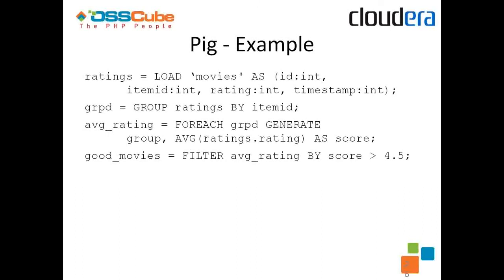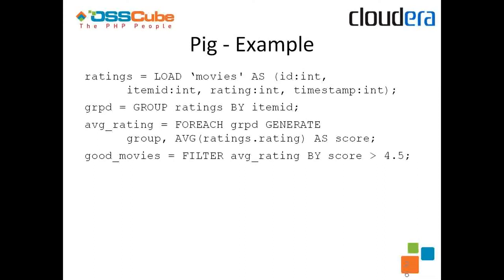So this is what a Pig script looks like. First thing you do is, for instance, you load the movies folder. After load is a folder which sits on HDFS, or you can load from local if you have a file that sits on your local machine, not necessarily on the cluster.